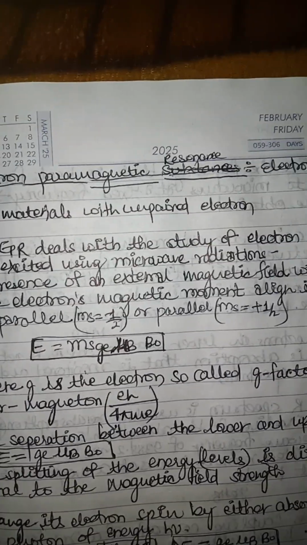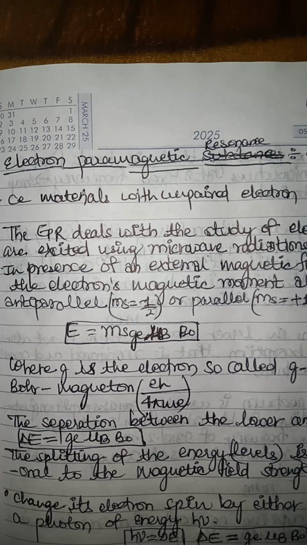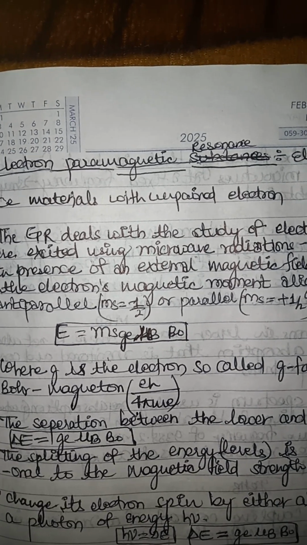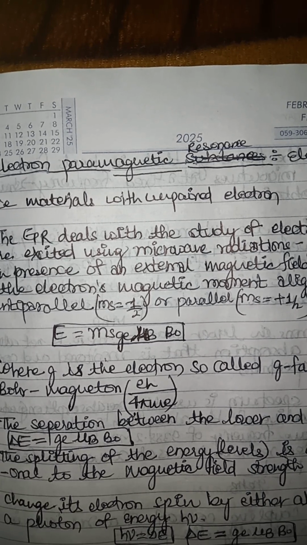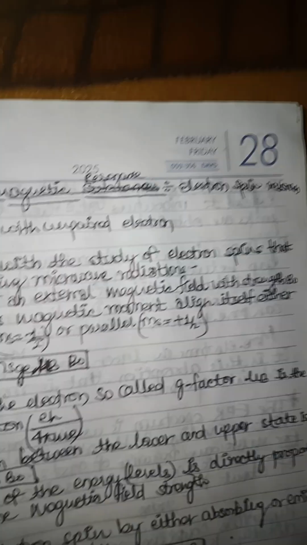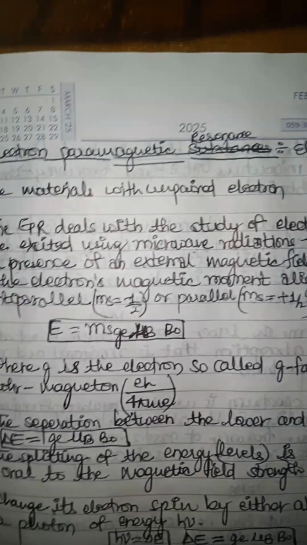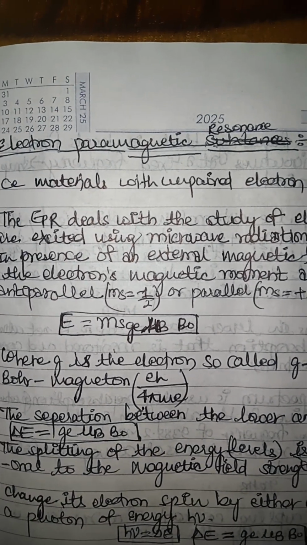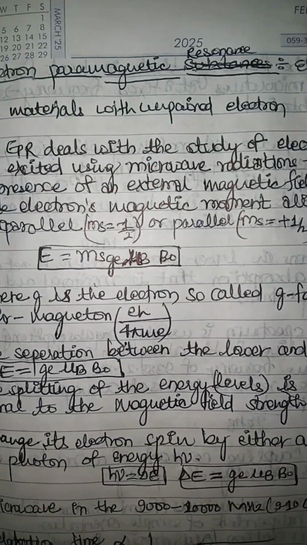The electron magnetic moment aligns itself either antiparallel or parallel. ms is equal to minus half, ms is equal to plus half, E is equal to ms g mu b B naught, where g is the electron so-called g factor and mu b is the Bohr magneton, e h upon 4 pi m. The separation between the lower and upper state is delta E equal to g mu b B naught. The splitting of energy levels is directly proportional to the magnetic field strength.